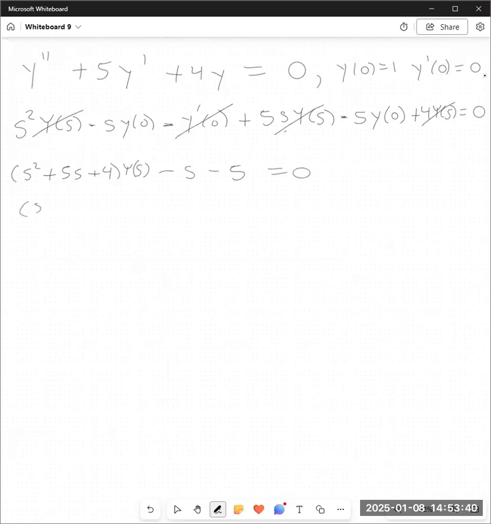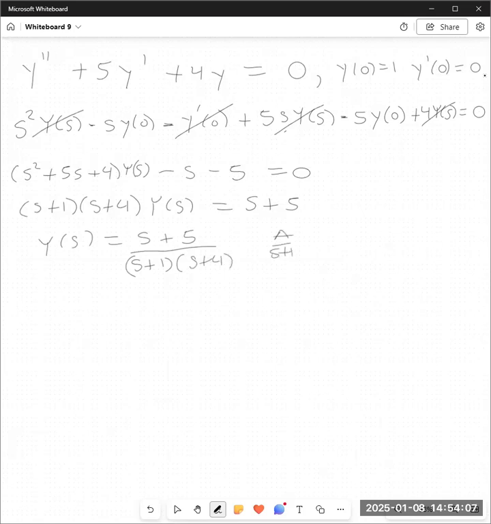So s plus 1 times s plus 4 capital Y of s is equal to s plus 5. Capital Y of s is equal to s plus 5 over s plus 1 times s plus 4.